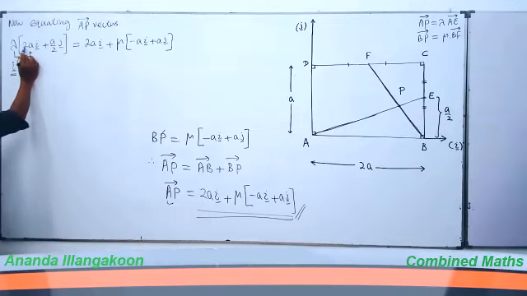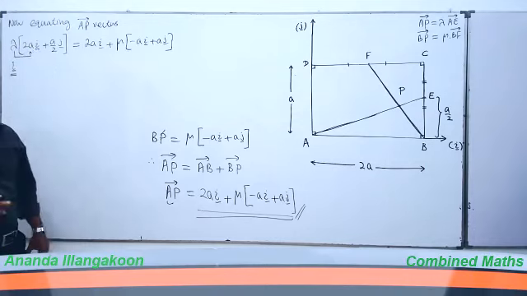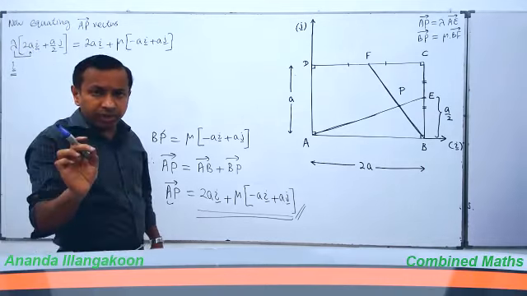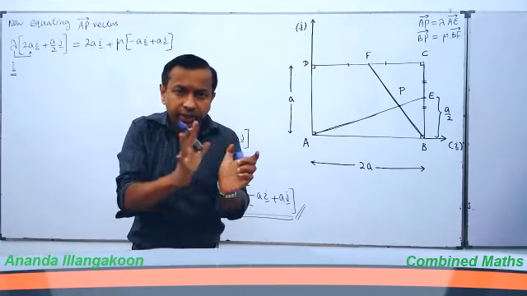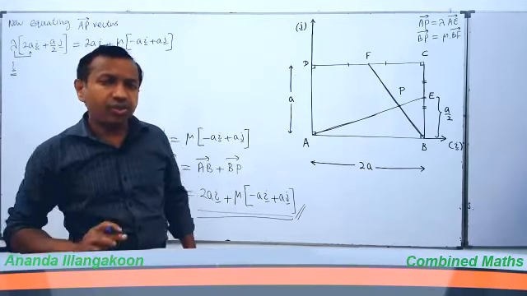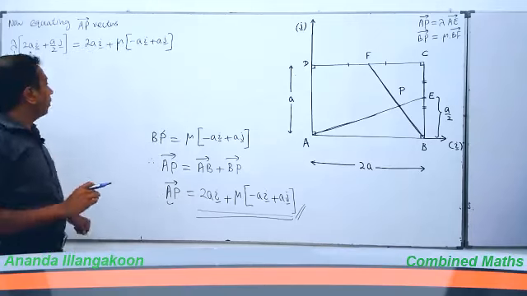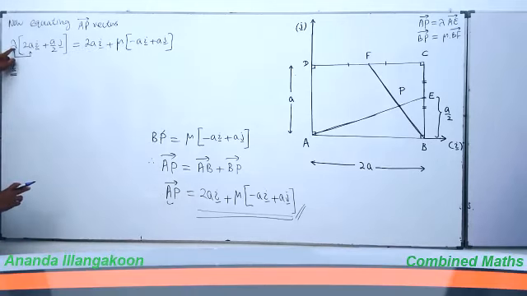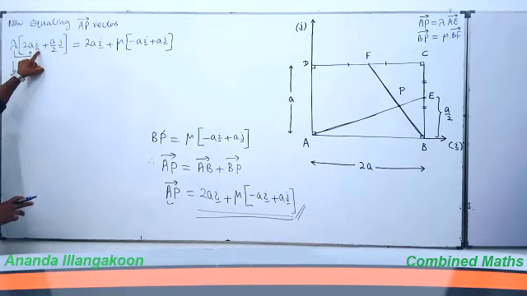We get lambda times 2a into i. The coefficient of i, I mean, except that i, the rest part before it is called the coefficient of i. Lambda multiplied by 2a means 2a lambda. Then the coefficient of i is going to be 2a lambda, left hand side.